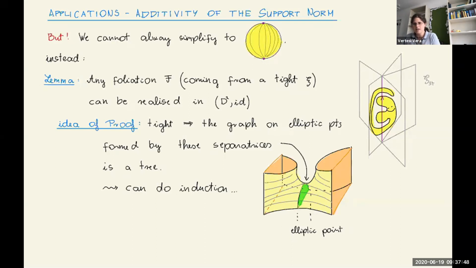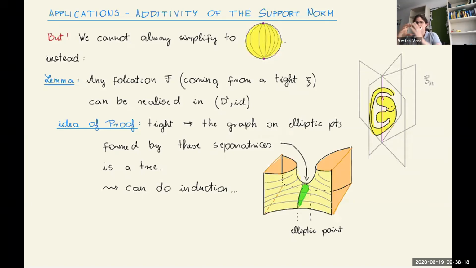It is a tree because its neighborhood is actually the Rpass for the convex surface, which has to be a disk if it's in a tight contact structure. Having a tree, you can use induction. You're just removing the leaves, and every new introduction of a leaf gives you a finger move for your sphere.